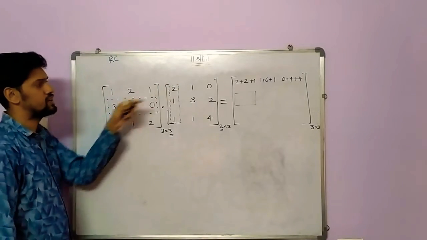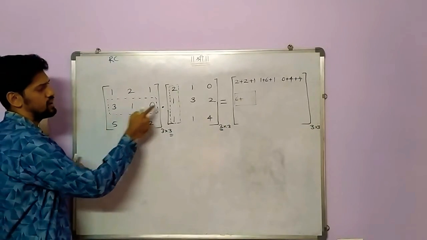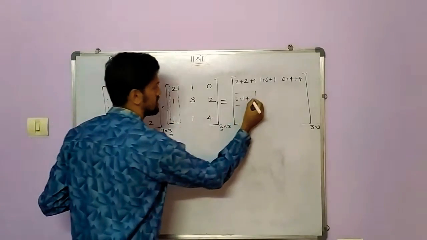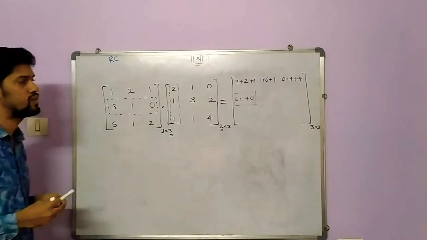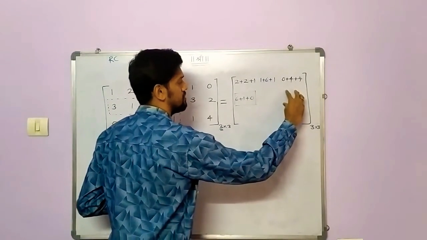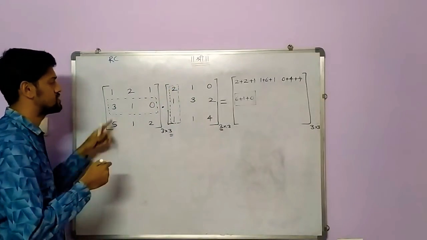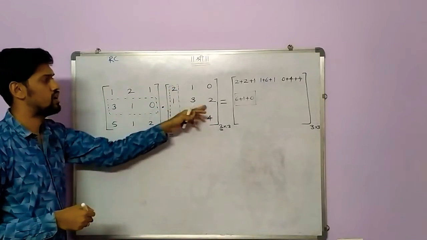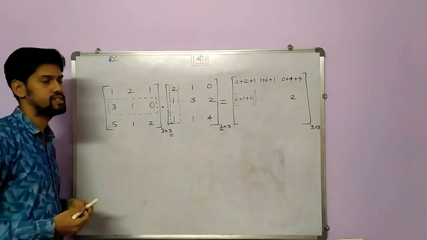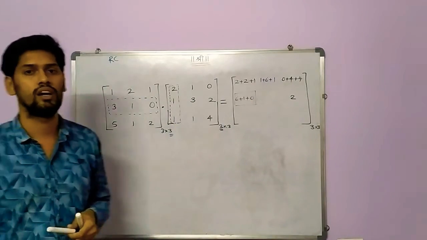So I'll multiply 3 into 2, 6 plus 1 into 1, that's 1, plus 0 into 1, that's a 0. To get this particular element, I will multiply second row and third column. So 3 into 0 will be 0, 1 into 2 will be 2, and 0 into 4 will be 0. So this element will be 2. And so on, you can continue.